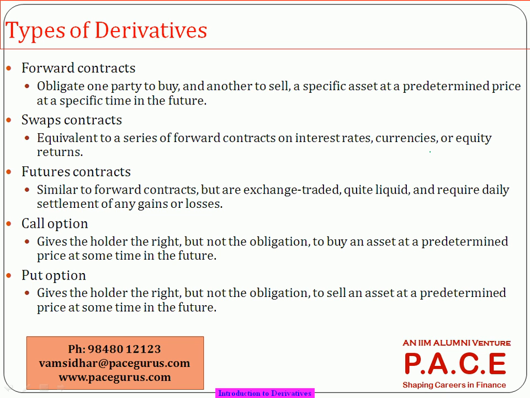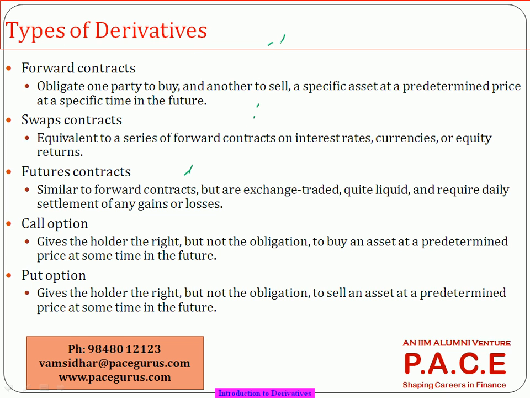And finally, when I am talking about options, the fourth kind of a product, the interesting aspect here is there is an option for one of the two parties to back out. So probably it's as good as like this: a buyer and a seller.